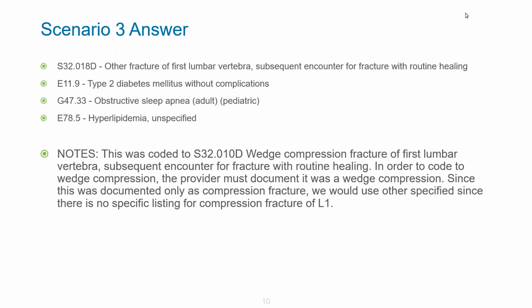Great. We did get a couple of questions about some of the codes here. So one question was, why is it coded E11.9 and not E11.69? E11.69, let me look that up.